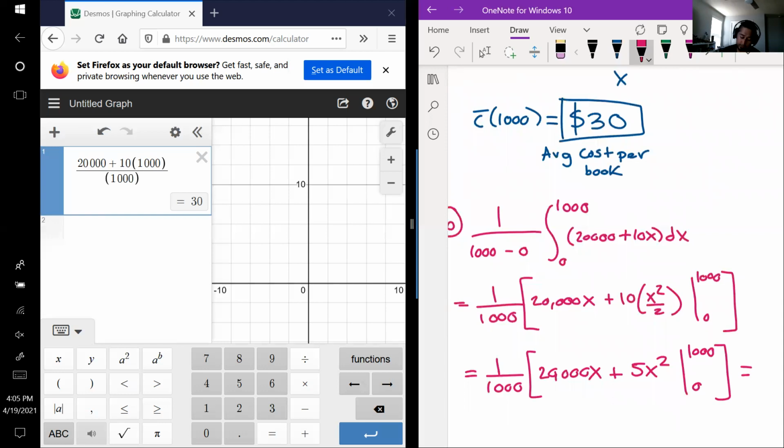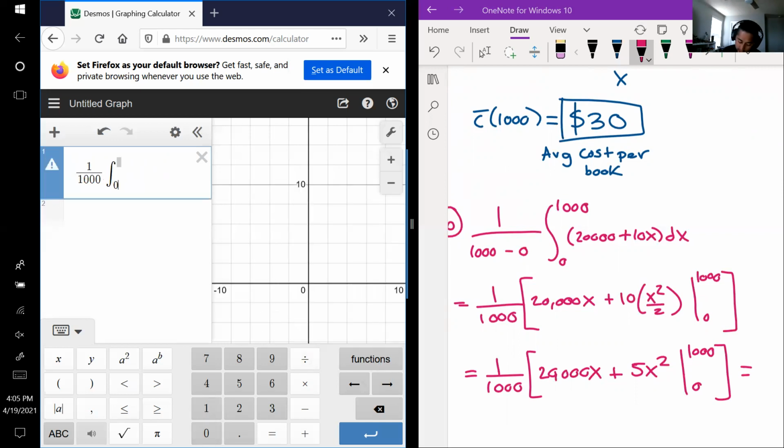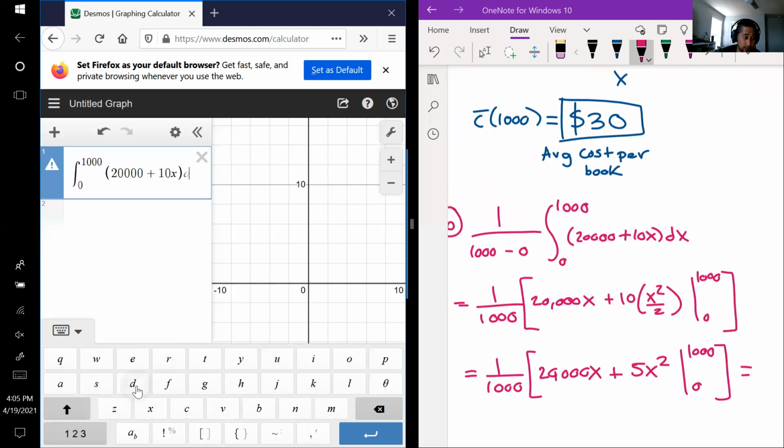And here we go, Desmos. We'll type in 1 over 1,000, and then the integral from 0 to 1,000 of 20,000 plus 10x with respect to x.